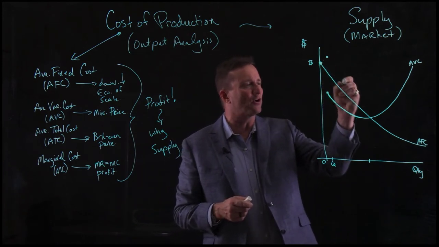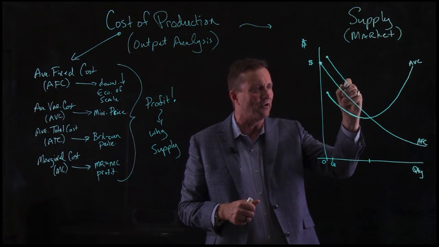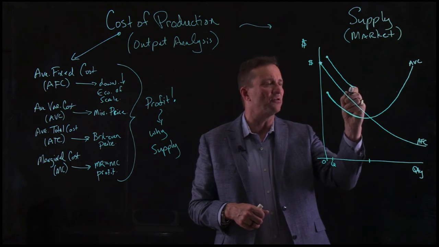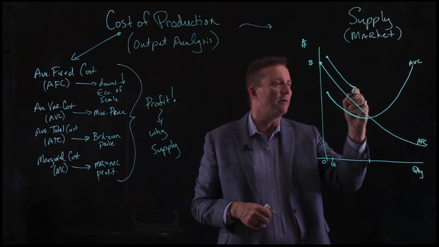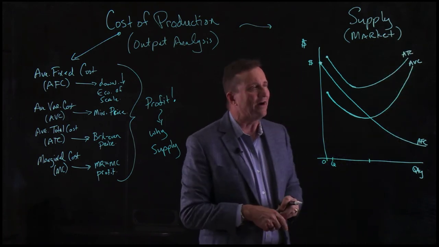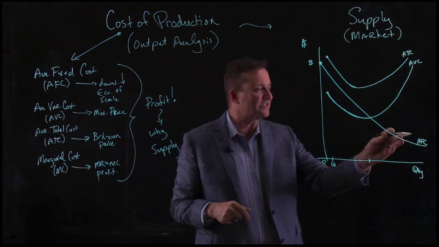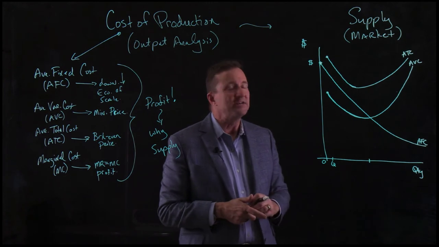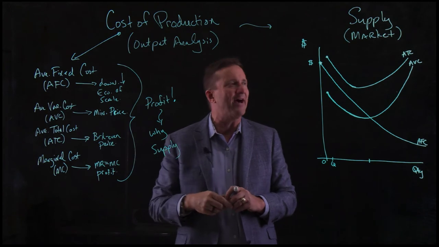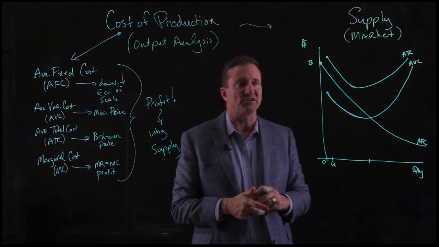And then as I go across here and produce, average total is going to drop like variable does and like fixed, but average total is going to also kind of mimic this shape, but it's going to get closer to average variable as we go. Now, why do these things get closer as we're way out here? The answer is because fixed cost is just dropping really fast. So another word for fixed cost was sunk cost. Reason why it's called that is it becomes less and less important to us as we produce, and that's kind of a visual illustration of why.